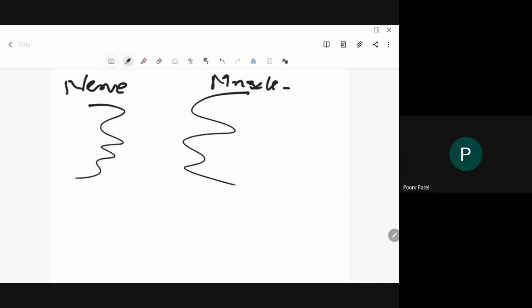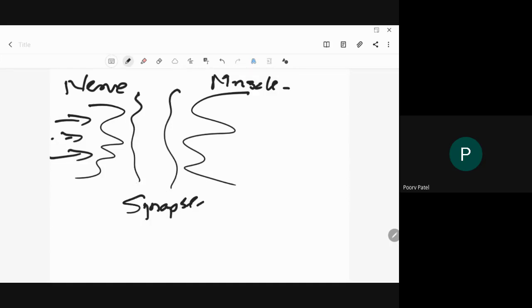Now the nerve will get an impulse, and this will be the synapse. Here, the vesicles are already there, filled with acetylcholine. Acetylcholine will be released into the synapse, which will bind with the receptors at the other end of the neuromuscular junction.